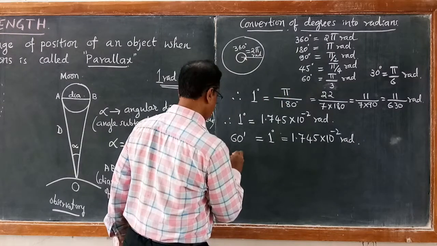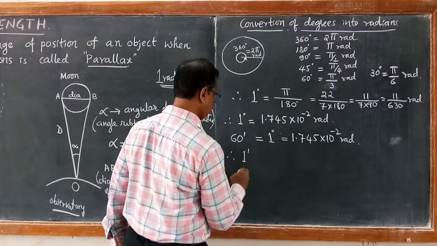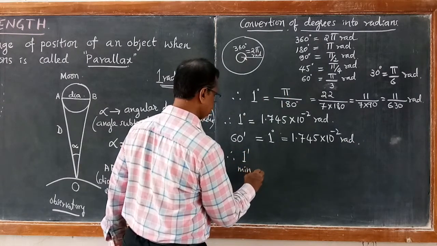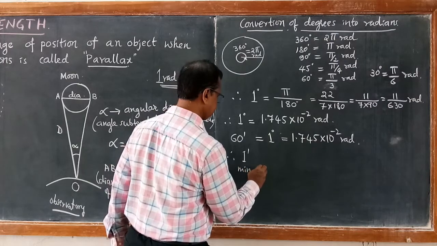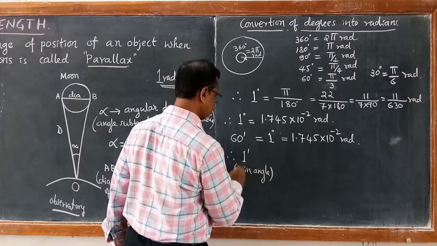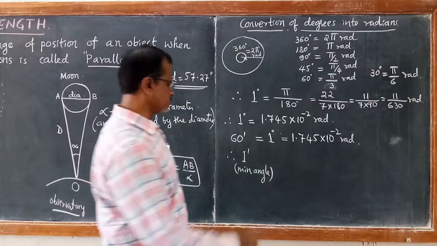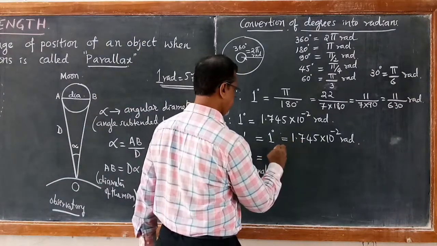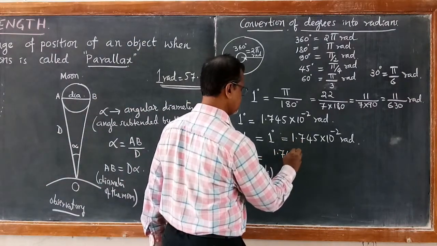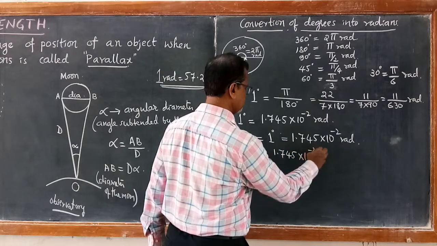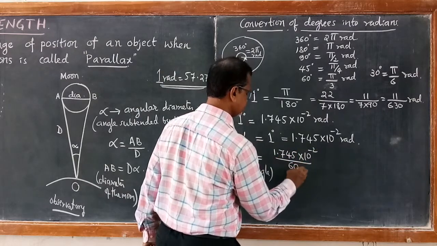Therefore, 1 minute of angle is equal to 1.745 into 10 raised to minus 2 divided by 60.